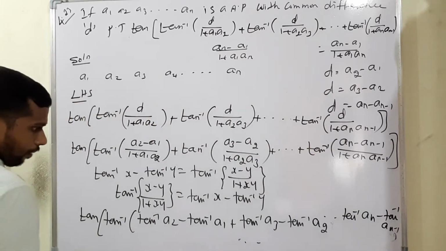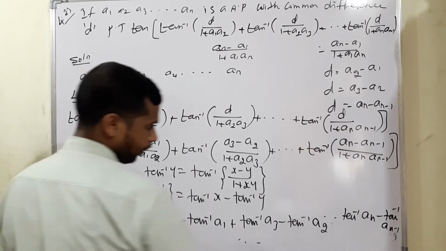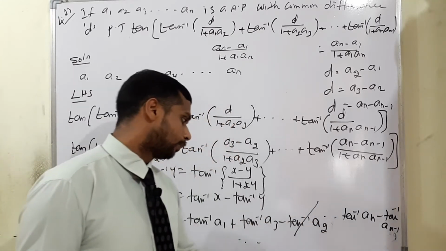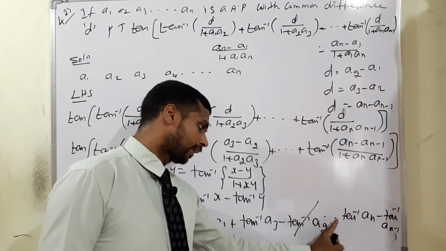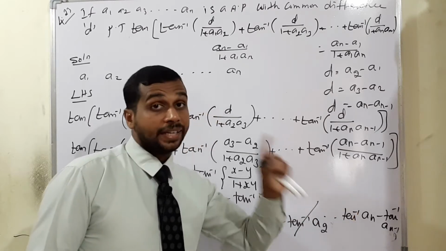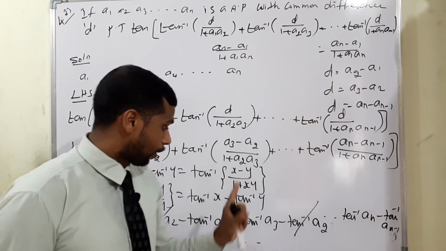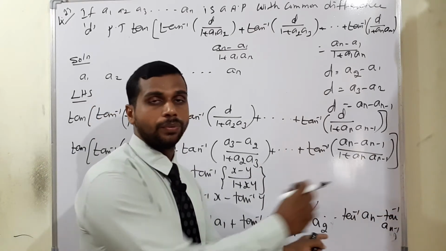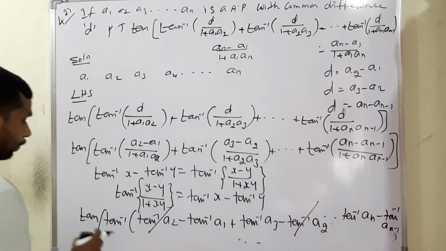Look at the terms: plus tan inverse a2, minus tan inverse a2, cancel. Next term, positive tan inverse a4, negative tan inverse a3; positive tan inverse a3 and negative tan inverse a3 cancel. So one by one we can cancel. What do we have to balance?